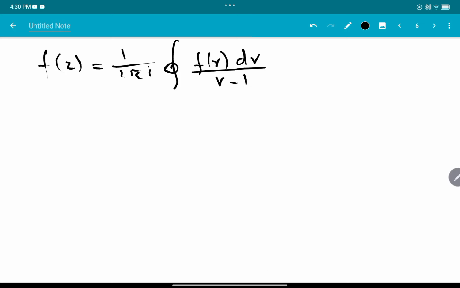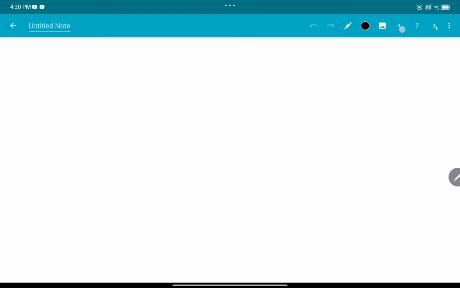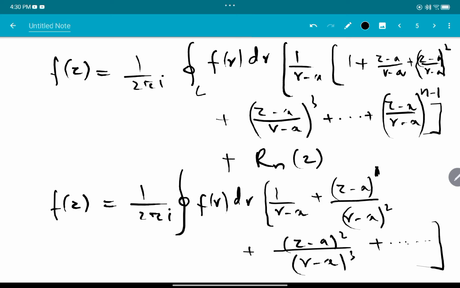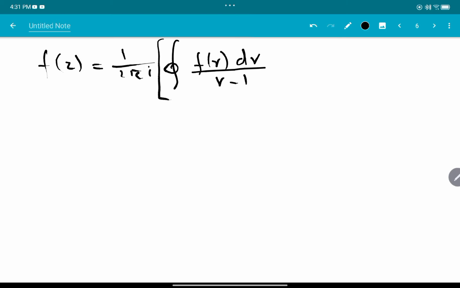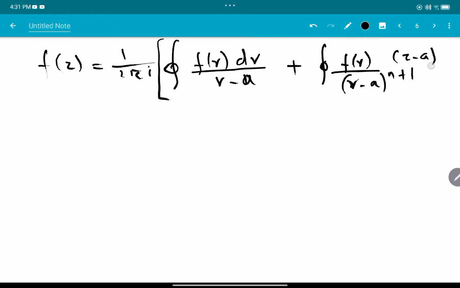Okay, then I will write this here, and then next I will have this into this, that is the integral of f(gamma) d gamma, (z minus a) raised to 1 divided by (gamma minus a) squared. I am splitting the integral: f(gamma) over (gamma minus a) raised to n plus 1, into (z minus a) raised to 1, 2, and so on, d gamma.